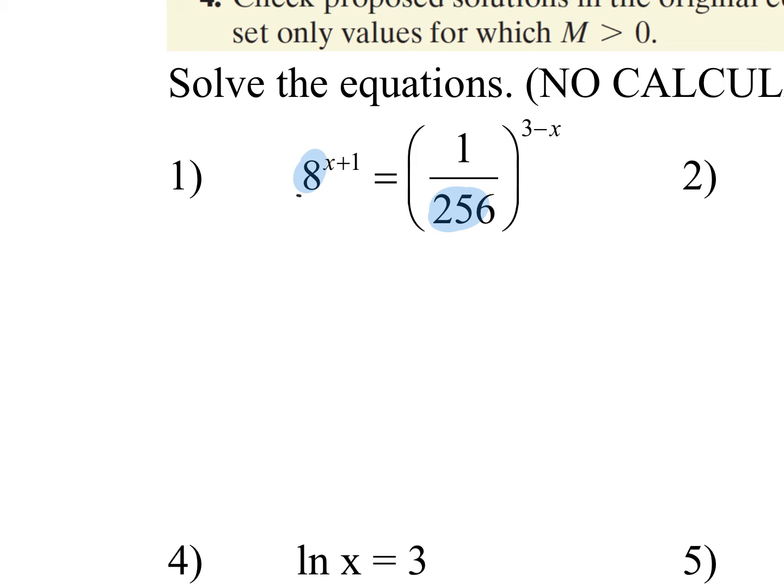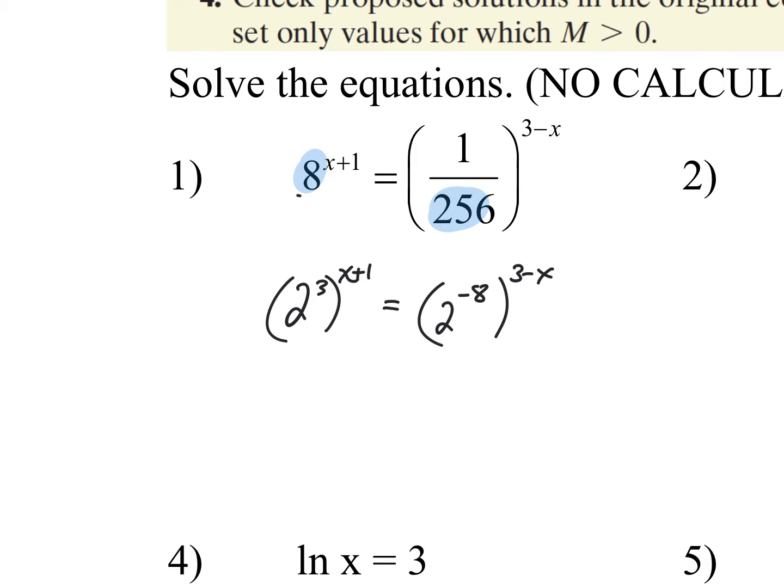So I can rewrite this as 2 to the third raised to the x plus 1 equals, now 256 is 2 to the 8th, I believe. So this is going to be 2 to the negative 8th raised to the 3 minus x. That allows us, with a common base, to set those exponents equal to one another.